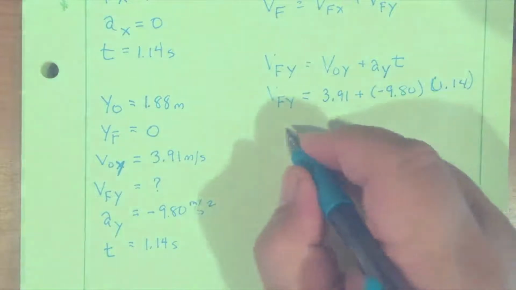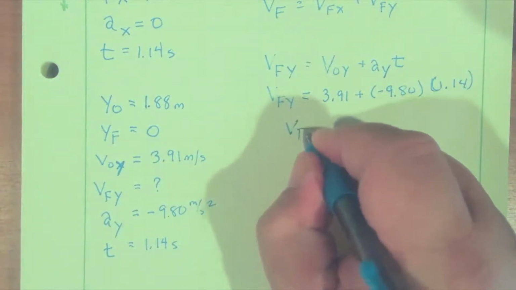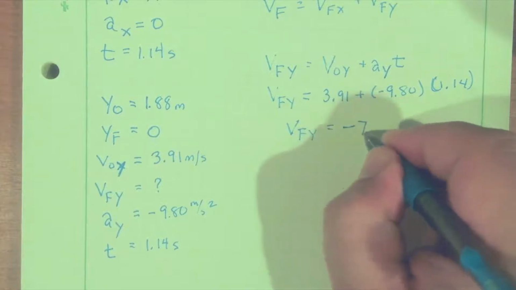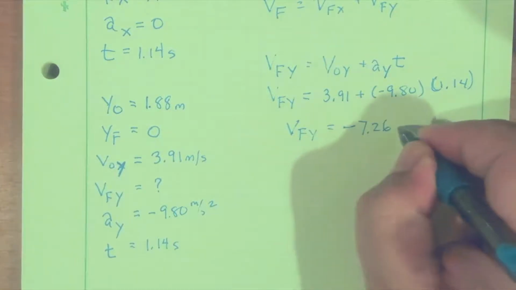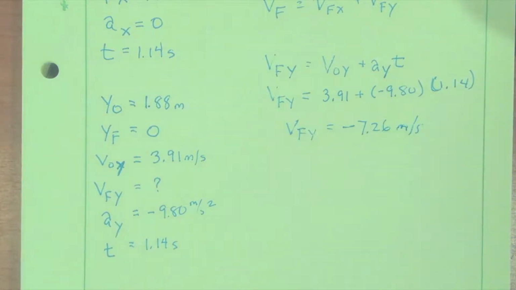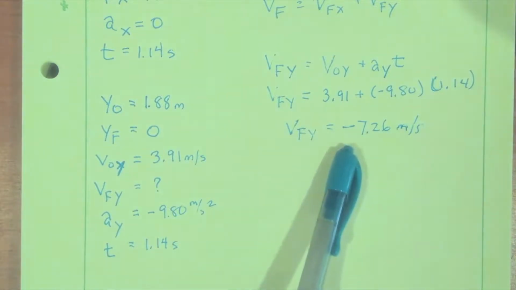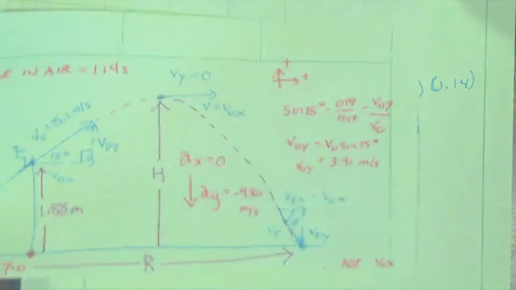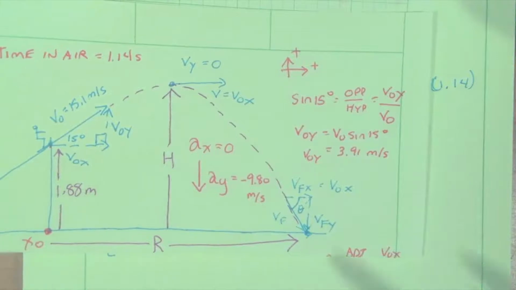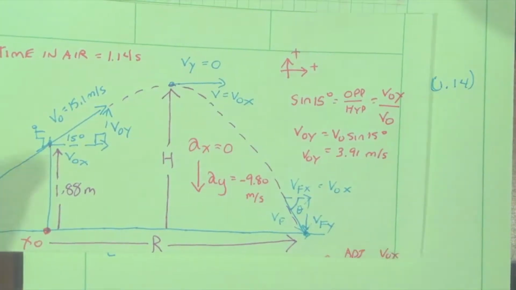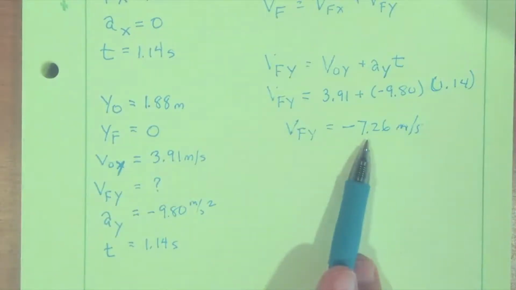Calculate all that out, and we get a final y velocity of negative 7.26 meters per second. Notice that this final y velocity is also negative, indicating that the final velocity is downward. Right? The vertical component of the final velocity is downward, and so we get a negative number.